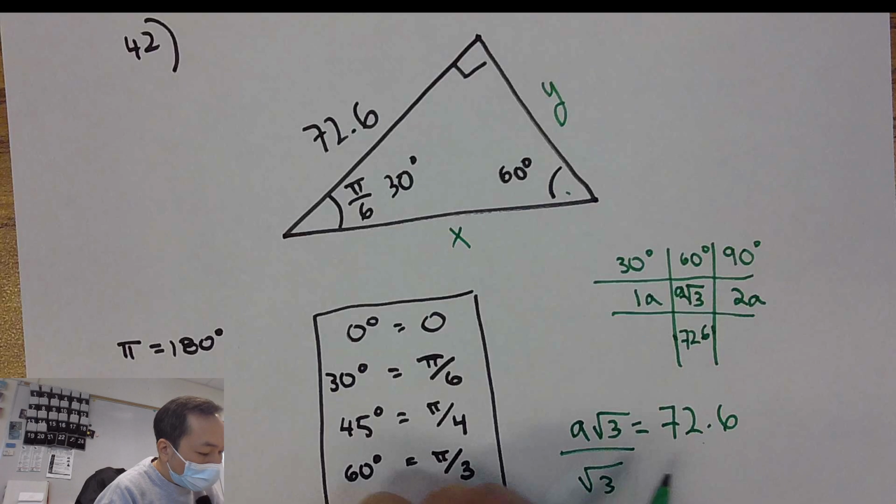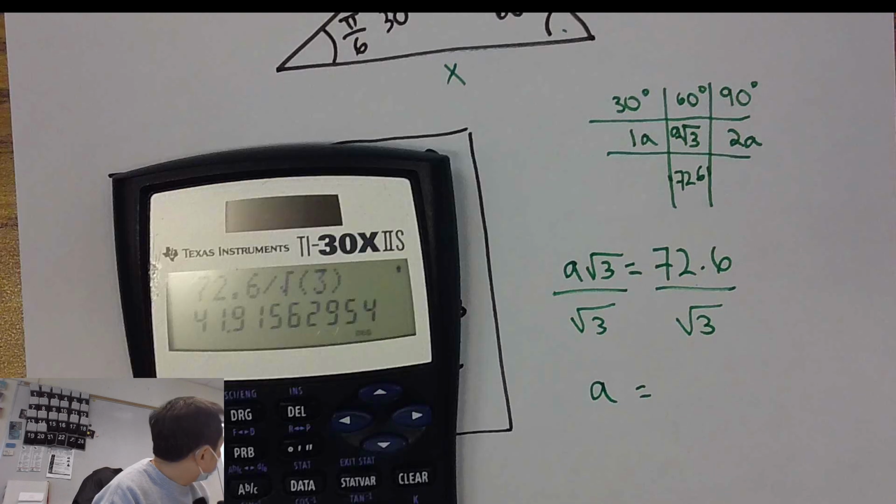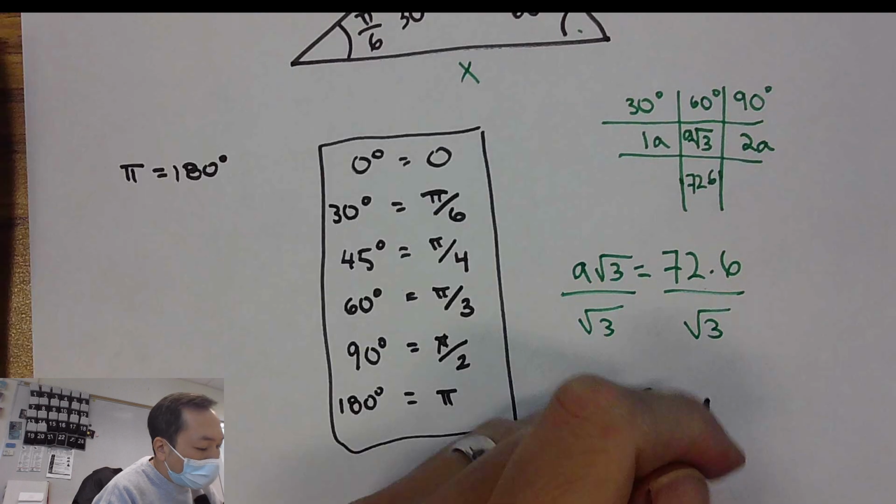And when that happens, a equals, I have no idea, so 72.6 divided by the square root of 3, 41.9. So my a value is 41.9. So that means my y value equals 41.9.